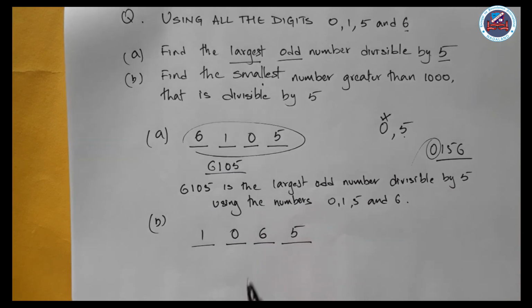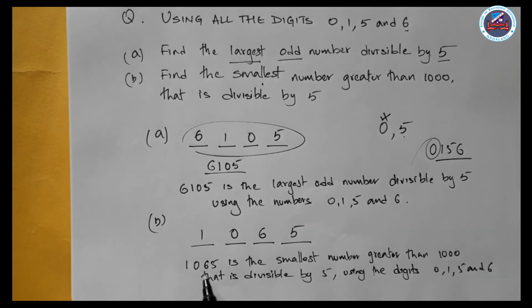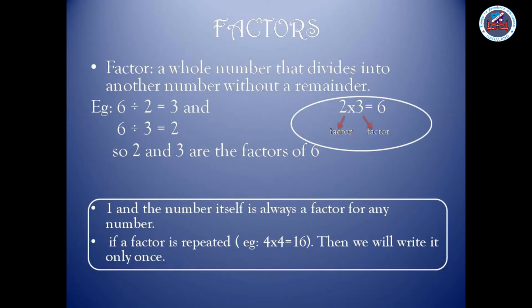So that means 6 will come here. So this is the smallest number greater than 1000 that is divisible by 5. So 1065 is the smallest number greater than 1000 that is divisible by 5 using the digits 1, 0, 5 and 6.